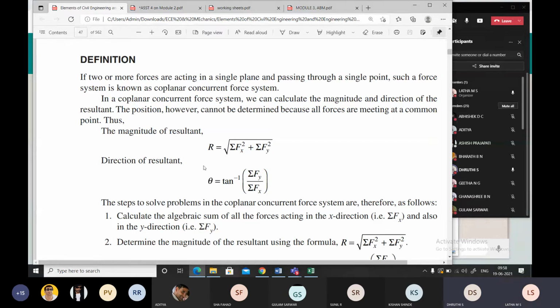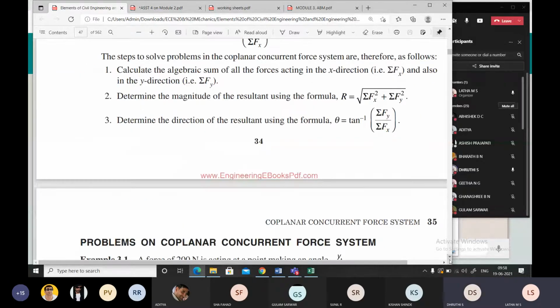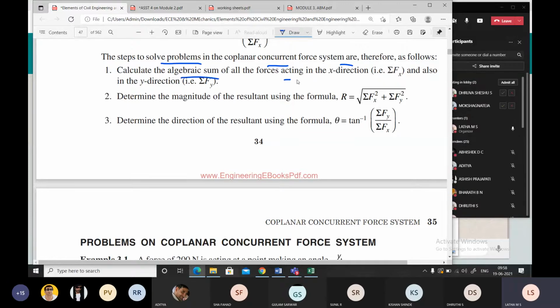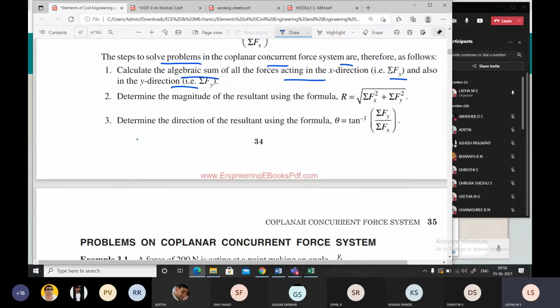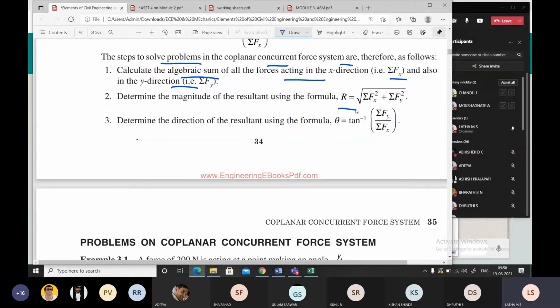You can see the screen is visible, students. Here you can find the answer. The steps involved in solving problems in a coplanar concurrent force system are calculating the algebraic sum of forces, both along x and y direction, and determining the magnitude of the resultant.